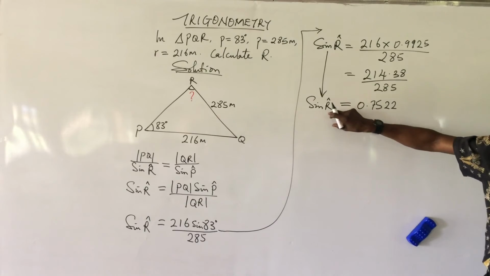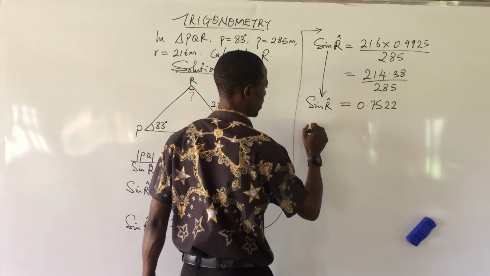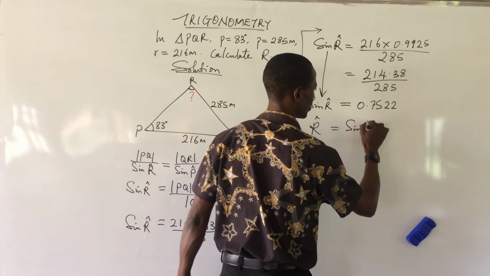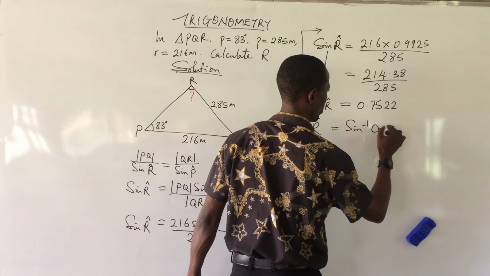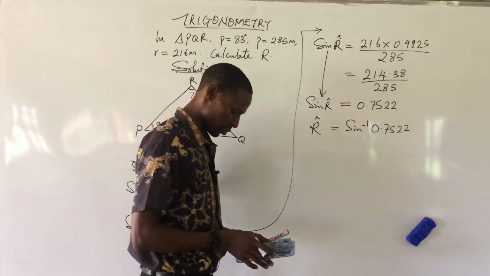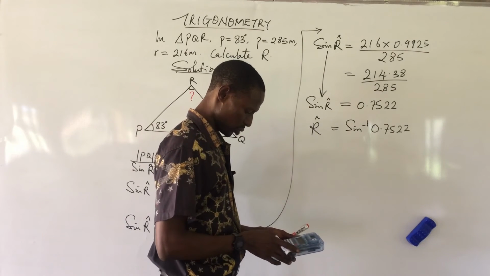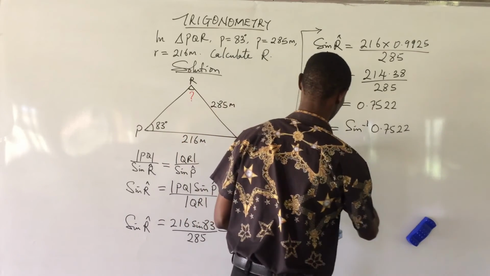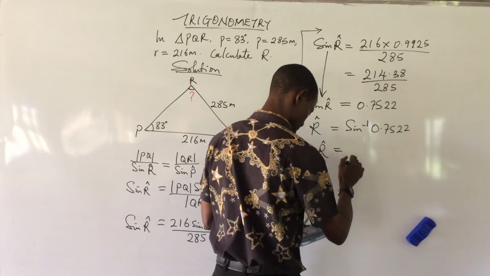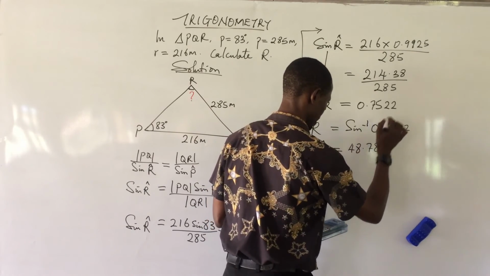So for us to get angle R, we find the arcsine of both sides. Therefore, capital R is equal to the arcsine of 0.7522. So let's go to our calculator again and look for the arcsine of 0.7522. That gives us angle R is equal to 48.78.